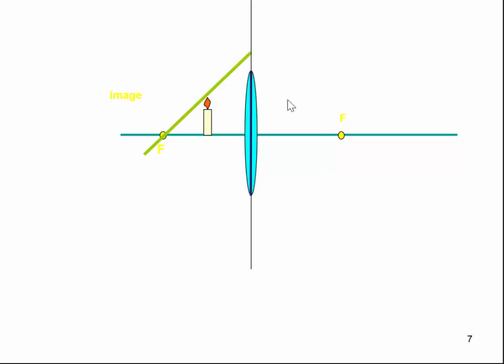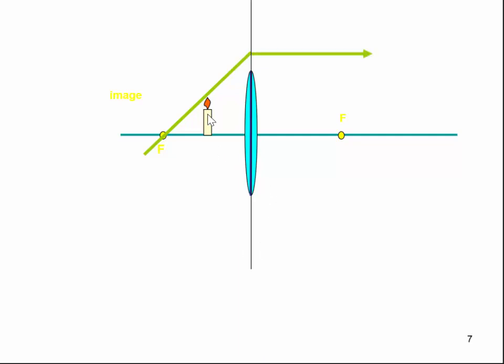If we have an incoming ray, this is for circumstances when the object is between the focus and the lens itself. So we have to consider a ray coming as if it were coming through the focus, from the top of the object up to where the lens is. And notice I'm still using this axis for the lens. I'm just drawing it down here, but we're assuming the lens goes all the way up there, and it refracts out parallel.